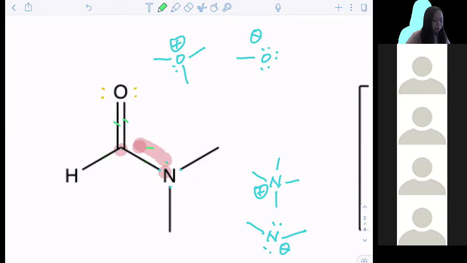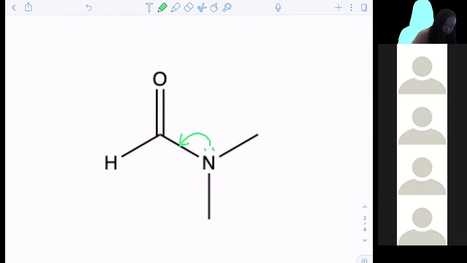So it's going to push its double bond onto oxygen. So that's what is happening here. When we draw resonance structures, we draw something like this. Start with the lone pair. Don't start with the atom. And then push the electrons from carbon and oxygen to oxygen.